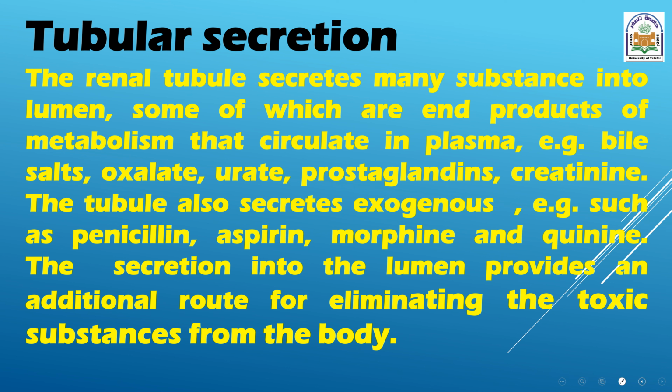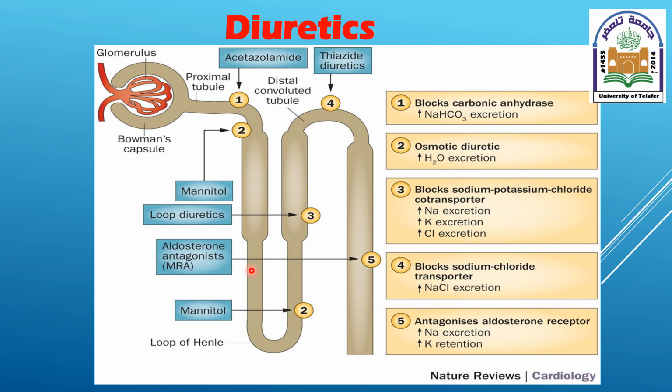In fact, the activity of different parts of the tubules of the nephrons varies. As I mentioned, a large amount of water, ions and molecules is filtered by the glomerular capillary into the Bowman capsule at each renal blood circulation through the kidney. As this filtrate passes through the renal tubules, its volume and composition are changed.